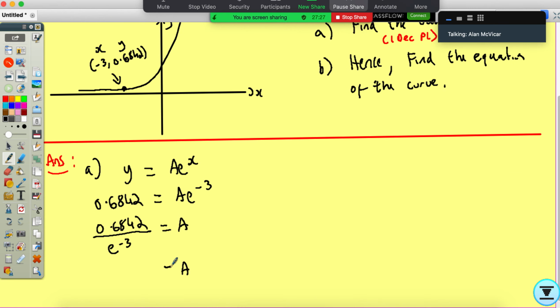So my calculator gave me 13.742 and a whole lot of other stuff, and I wanted it to one decimal place, so that's just 13.7.